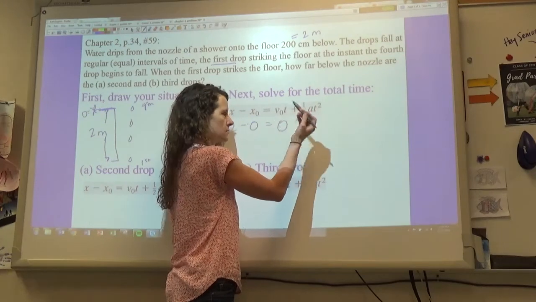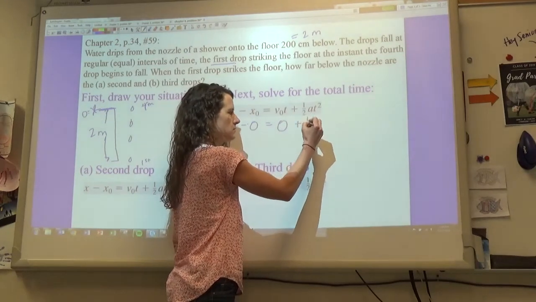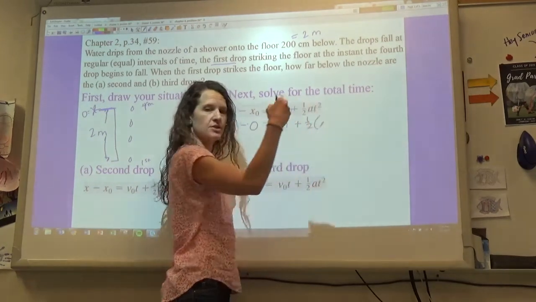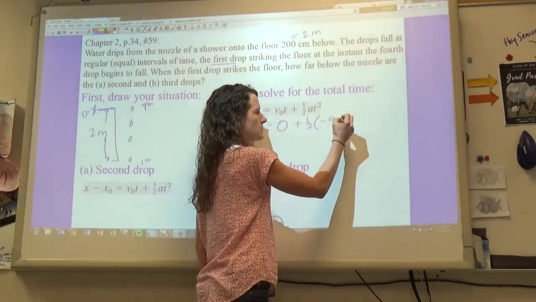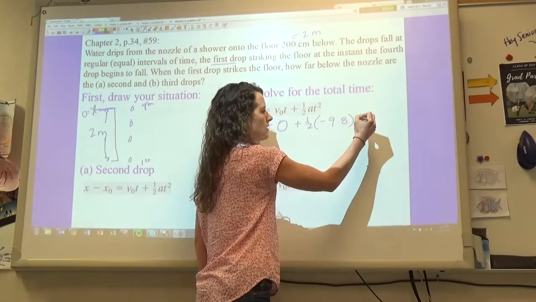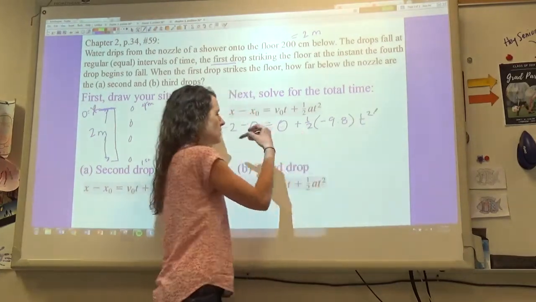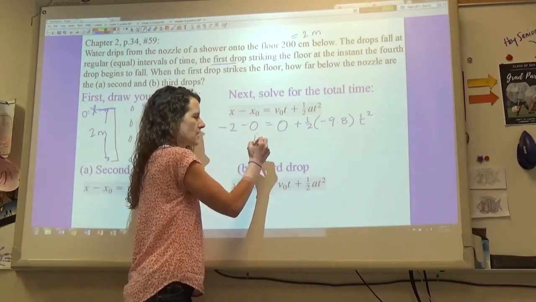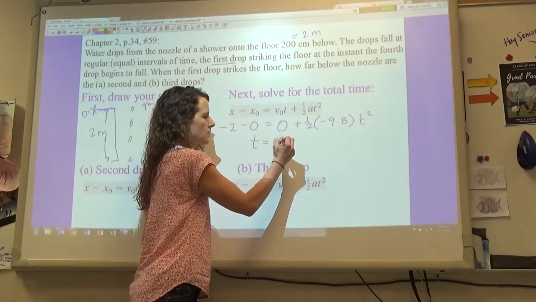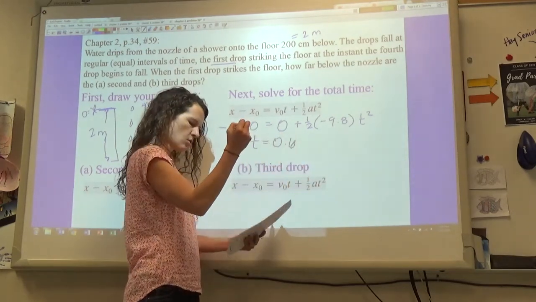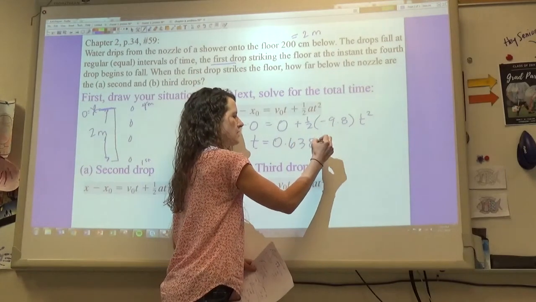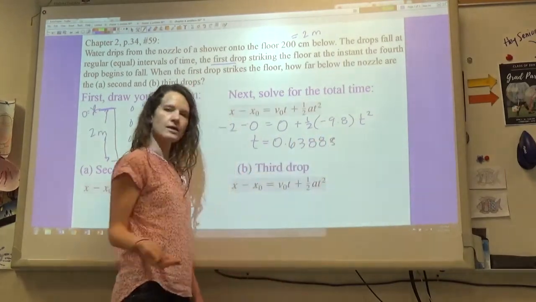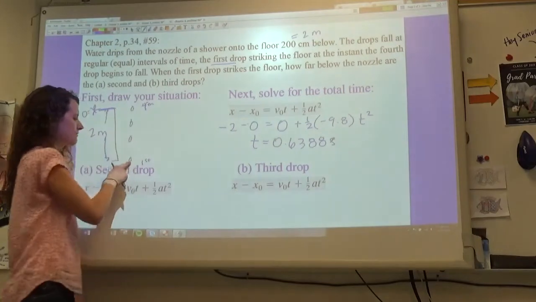So 0 times time is 0 plus 1/2 my acceleration, which is -9.8 because again I chose up to be positive, so that's going to be a negative value. And then we're solving for this time. So if you solve for this time, you'll find out that your time equals 0.6388 seconds. And so that's the entire time for this first drop to fall.